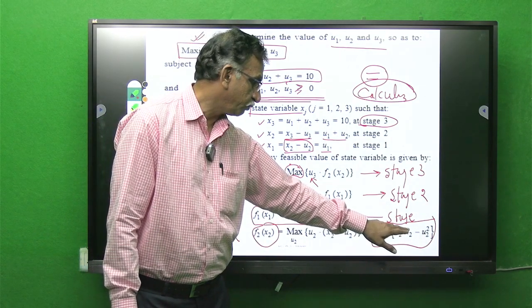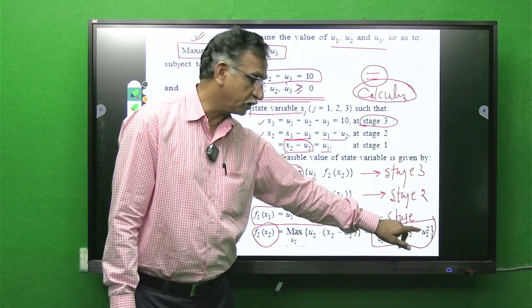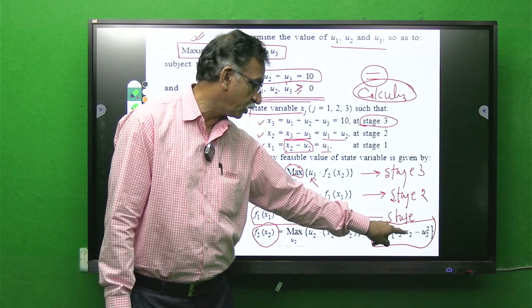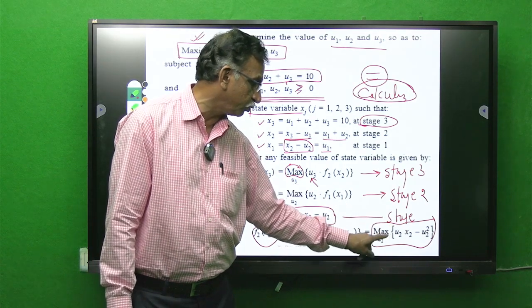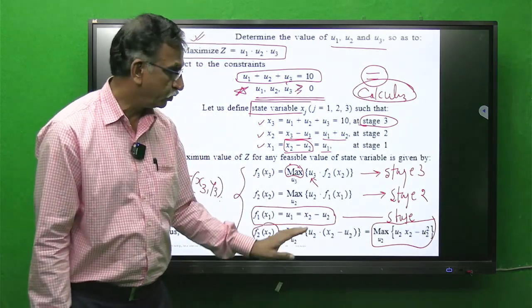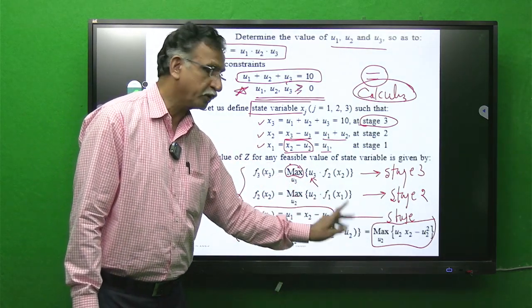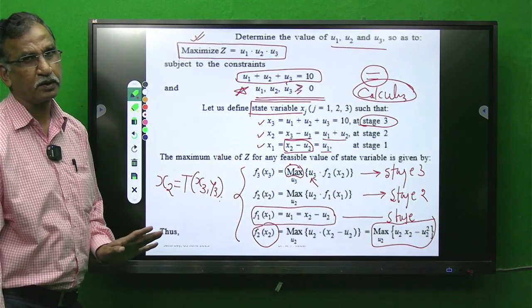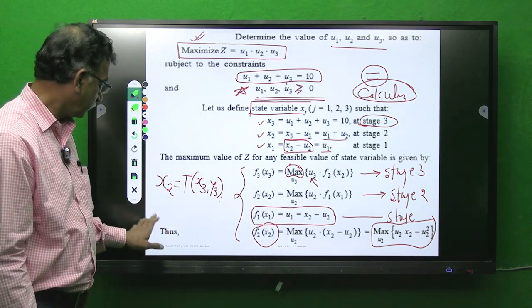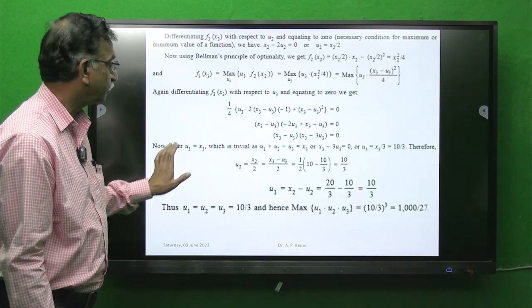This is the first term and this is the second term, minus. So we have to differentiate u2 x2 with respect to u2, and minus twice u2 square with respect to u2. So simple rules of differentiation will apply, and we'll get the value of u2.